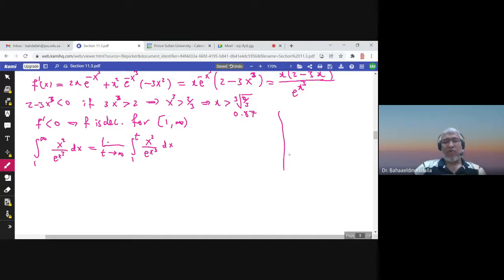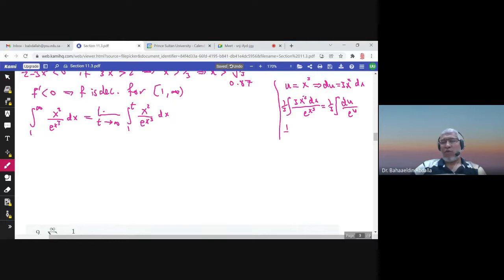And the question now is how to evaluate this integral, the indefinite integral of x squared over e to the x cube. Well, if you take u equals x cube, then du is 3x squared dx. I need 3x squared dx, so I put 1 over 3 outside. It would be changed to du over e to the u.